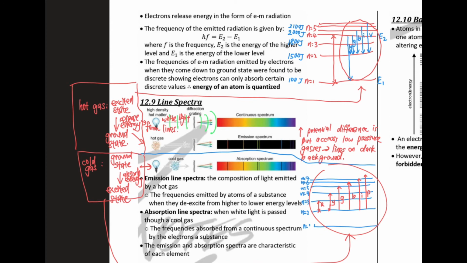It is for this case actually. They will come down, so that's why they call it de-excite, from excited state back to ground state. Then they release energy, and then they form certain lines.